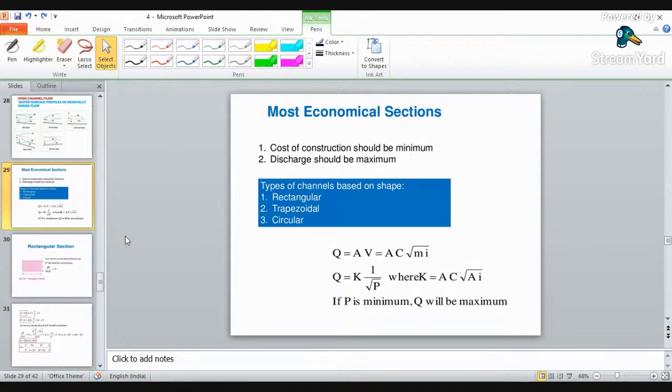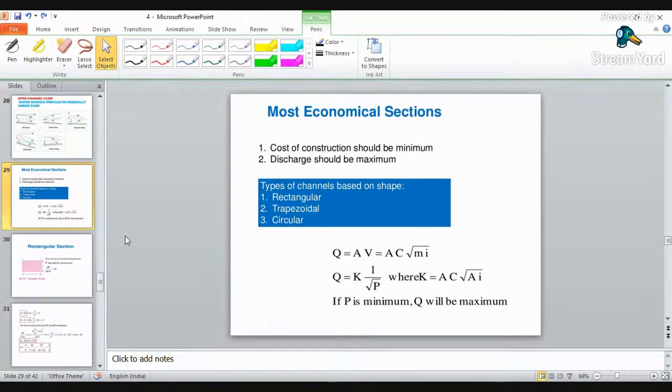So it is a channel which is having a maximum discharge for the given cross sectional area of the section. This channel section can be of trapezoidal type, rectangular type, circular type, or triangular type. So, which characteristics should it have? It gives maximum discharge for a given cross sectional area.